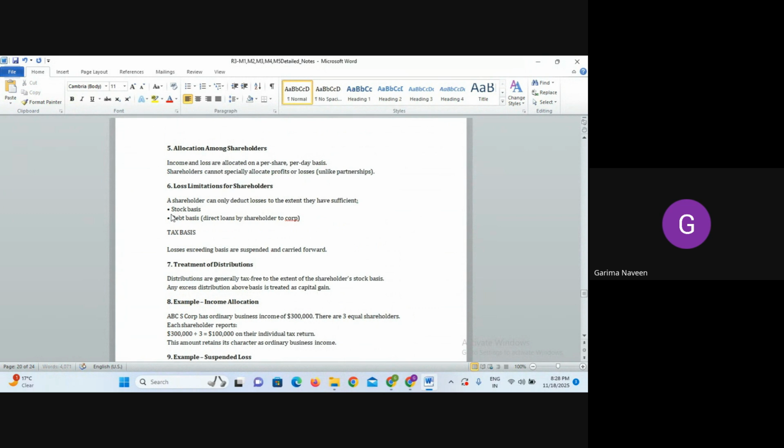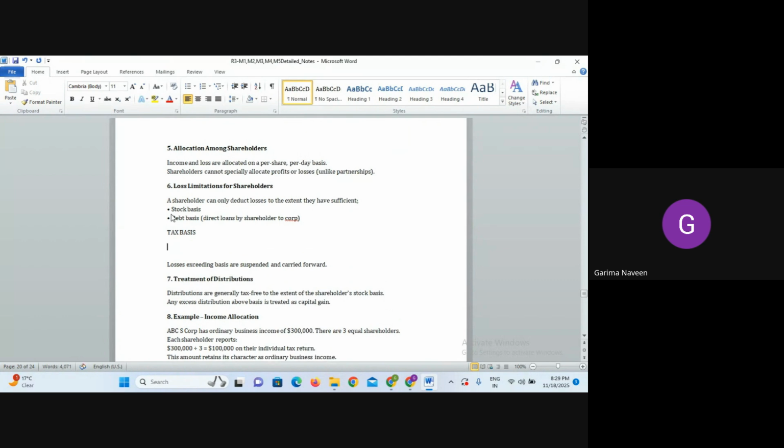So if you have a certain loss from your S corporation, how much loss you can flow to your individual return will depend on your tax basis. So up to your tax basis, you can reduce your other income by the losses, and the excess losses you can carry forward. Then the next limitation applicable is the at risk basis limitation.